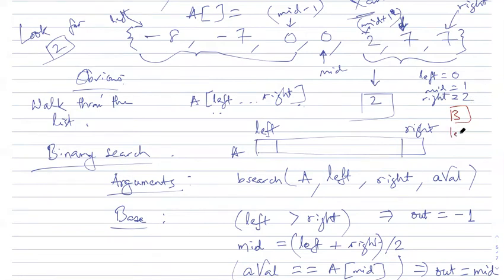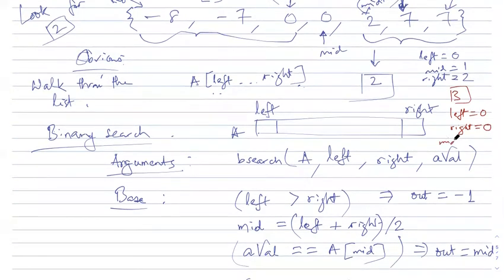So then my left will be equal to 0. Right would be equal to mid minus 1, correct? Because I'm looking on the left hand side. So 1 minus 1 will be 0, correct? And now the new mid will be left plus right divided by 2, which is also 0, correct?